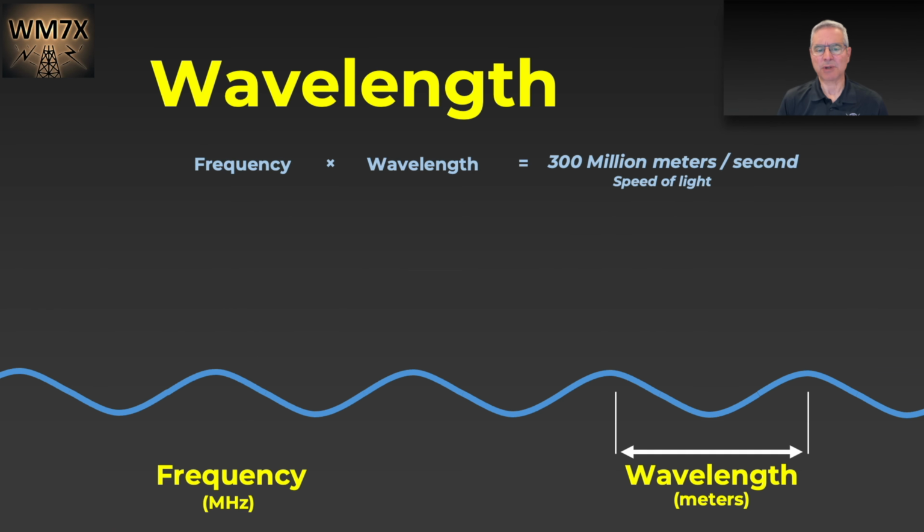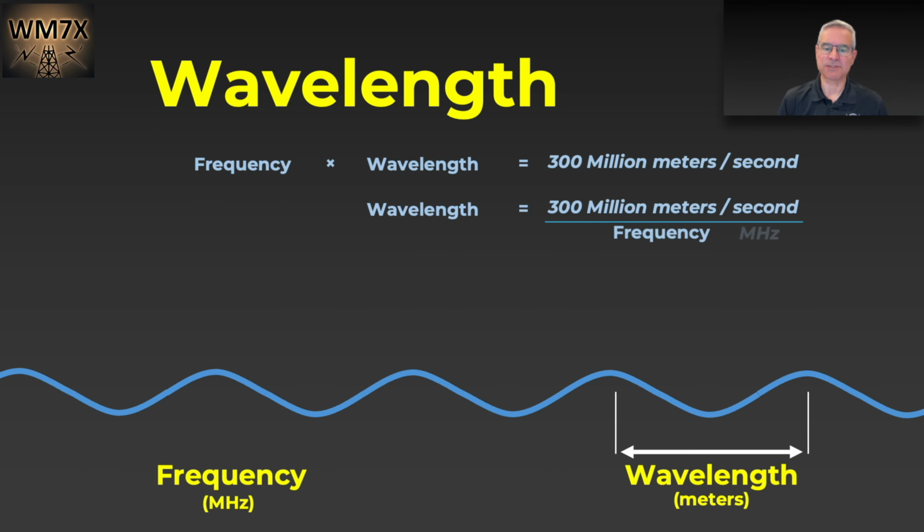We know that frequency and wavelength are two sides of the same coin, and that they always combine to give us the speed of light. That means that if you know a frequency, you can figure out the wavelength. And if we give the frequency in megahertz, then we've got millions on the top of our equation and millions on the bottom, mega. So they cancel out.